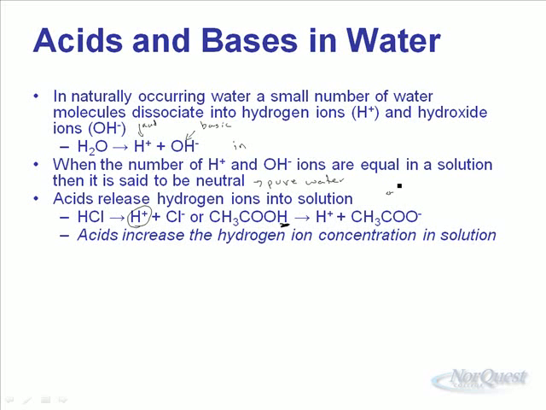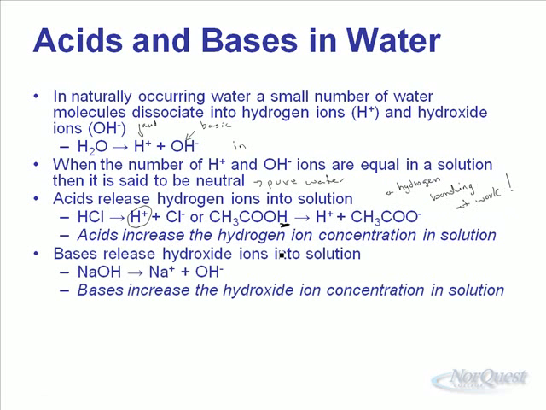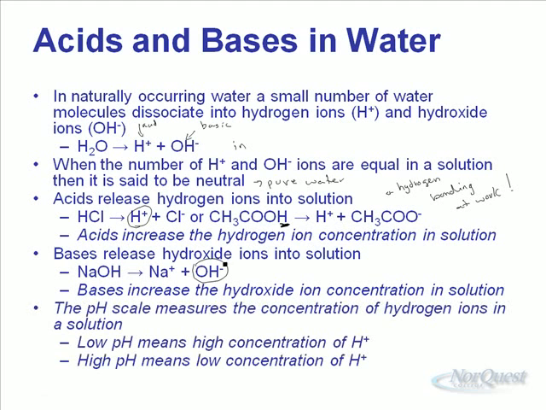And this is because of hydrogen bonding at work. So the role of acids is to increase the hydrogen ion concentration. Bases do the opposite. They increase the hydroxide ion concentration. So the more hydrogen ions you have in a solution, the more acidic. The more hydroxide ions you have in a solution, the more basic.